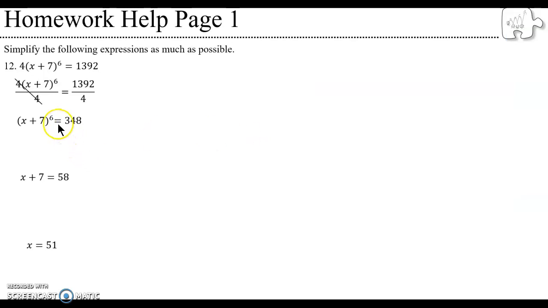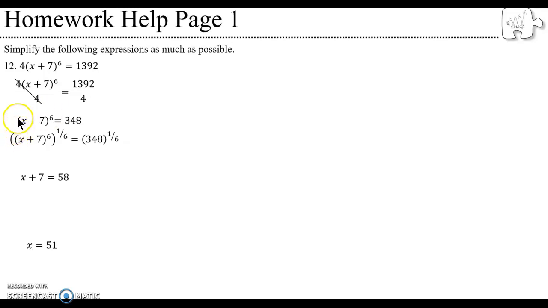So moving on, what did we do here? Now that we have something raised to an exponent equals a number, it's time to get rid of that exponent. The reciprocal, or multiplicative opposite, of 6 is 1/6. So we're going to raise both sides to the 1/6.